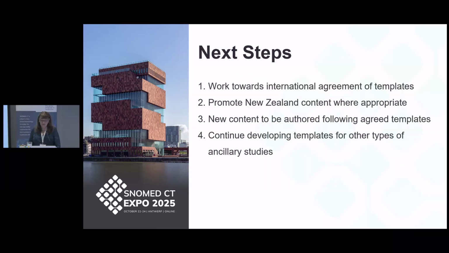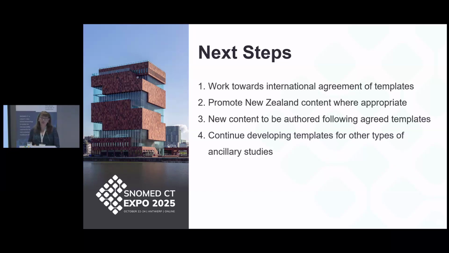So in terms of next steps, the New Zealand team is working with Scott Campbell and the pathology working group towards agreement on the details of these templates. Once the templates have been agreed on, New Zealand will then promote all of their observable entities and clinical findings that conform to those templates to the international edition so that they can be shared with the community, and we encourage other countries to contribute any additional observables and findings content that they have so that we can share them all with each other.